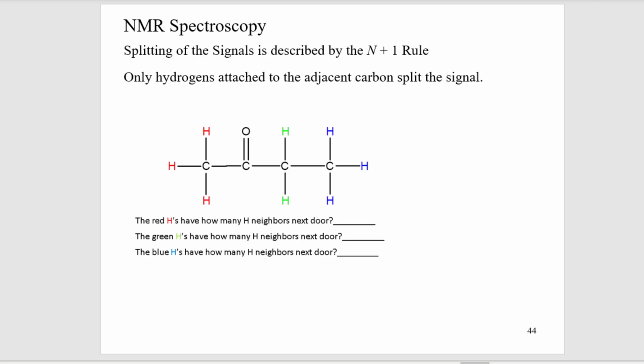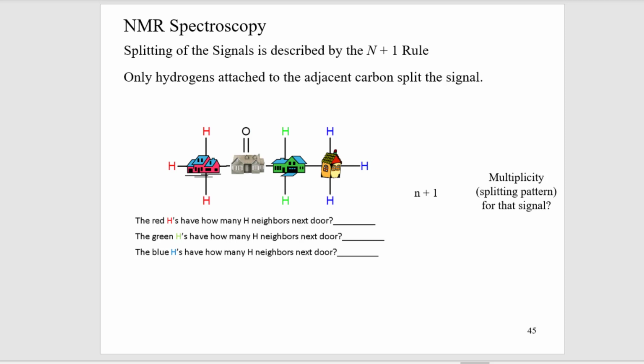So let's think about the hydrogens as living in a house. The hydrogens live in their own unique house. As we mentioned, let's start with the red hydrogens. There are 3 red hydrogens. When you put yourself in one of their positions, look on both sides of you. There's only one carbon that lives next door, and that's right there.